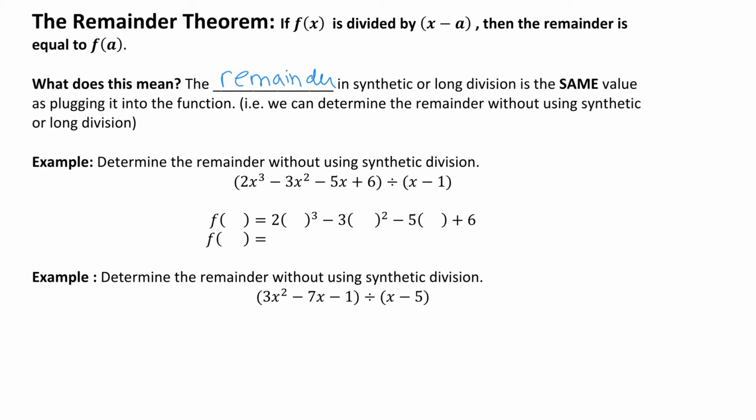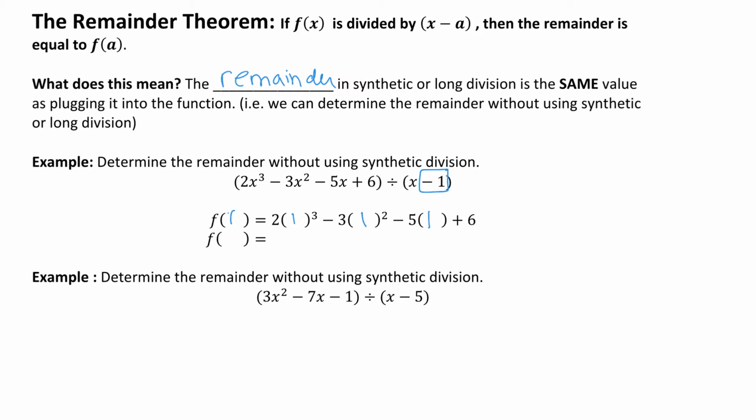So if we look at this example, determine the remainder without using synthetic division. So we're dividing by x minus 1. Now again, what you're going to do is you're going to plug in the opposite of that, which is 1. If I plug that in everywhere I see an x, I'm going to have 2 times 1 to the third power minus 3 times 1 to the second power minus 5 times 1, and then plus 6.